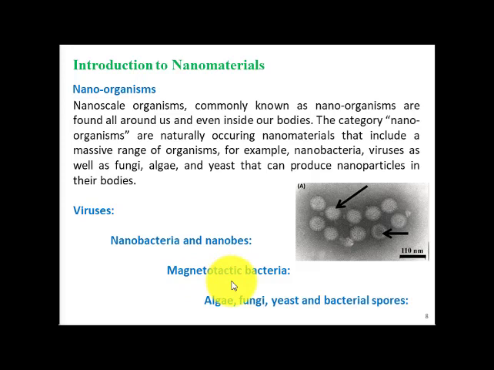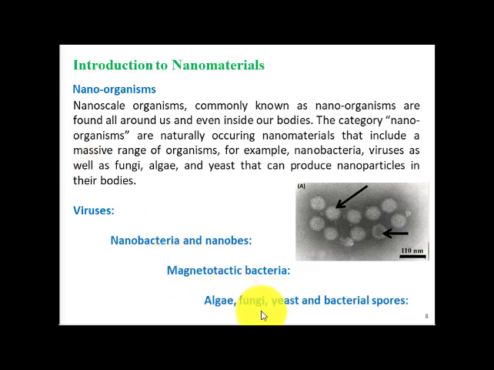Generally, biocompatible magnetites like iron oxide, iron sulfides, and greigites, they are synthesized using magnetobacteria, are helpful in targeted cancer treatment via magnetic hyperthermia.